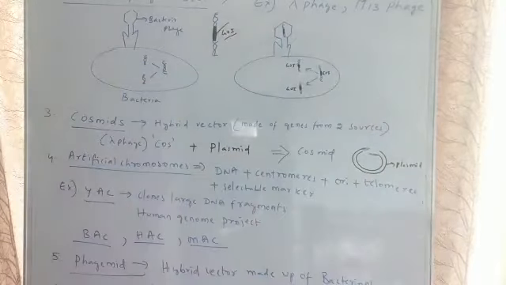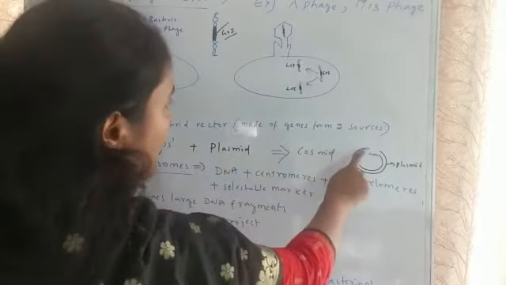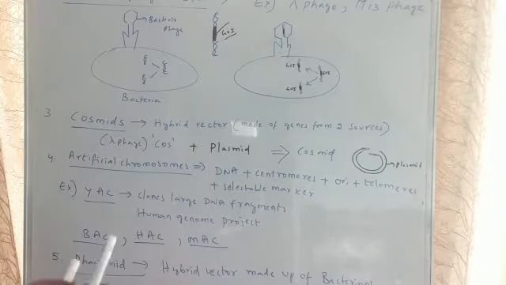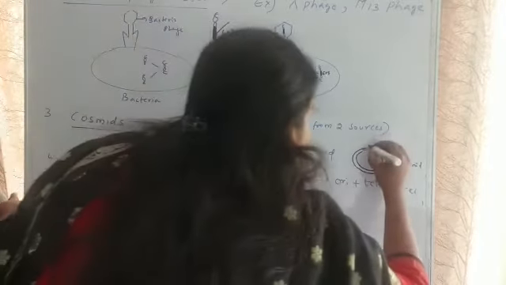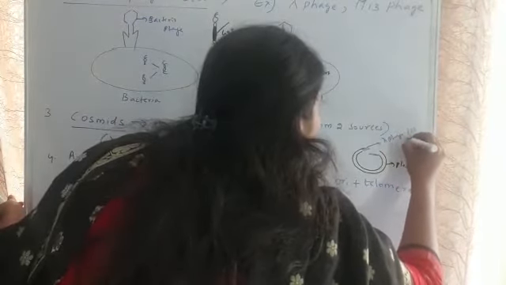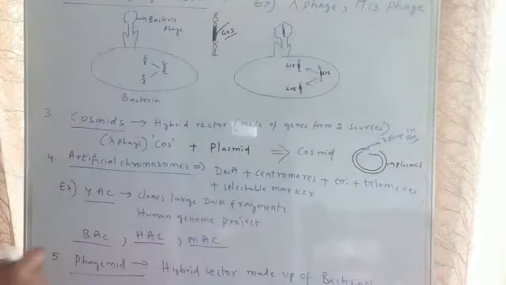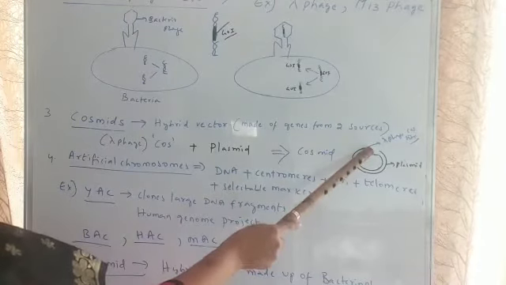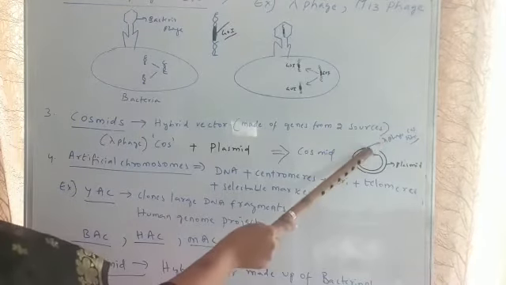Now, to this plasmid, what we do is, we add the cohesive sites, or the sticky ends, or the cos sites of the lambda phage. So, this is the lambda phage cos site. Here you can notice that the lambda phage is a bacteriophage again.